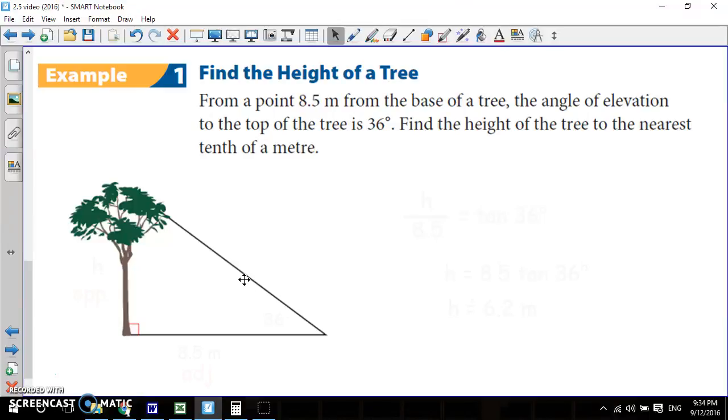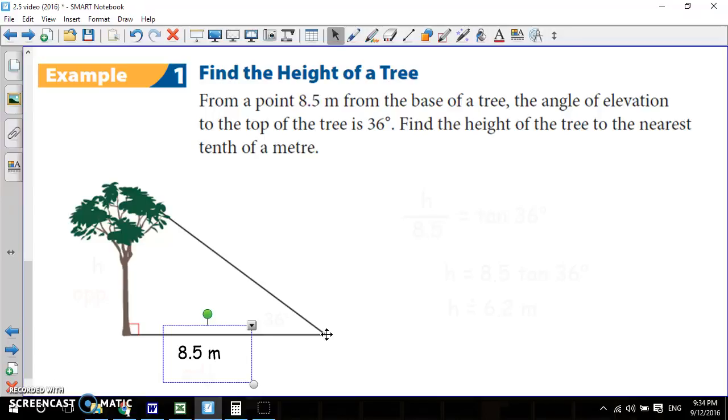From a point 8.5 meters from the base of a tree, the angle of elevation to the top of the tree is 36 degrees. Find the height of the tree to the nearest tenth of a meter. So from the base of the tree, we draw a horizontal distance of 8.5 meters.